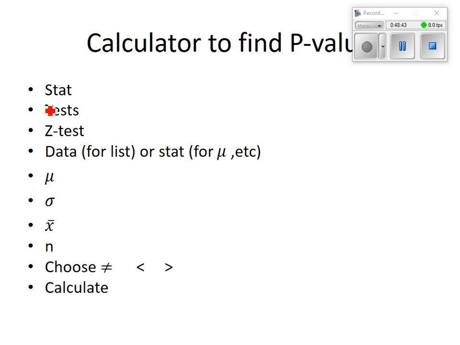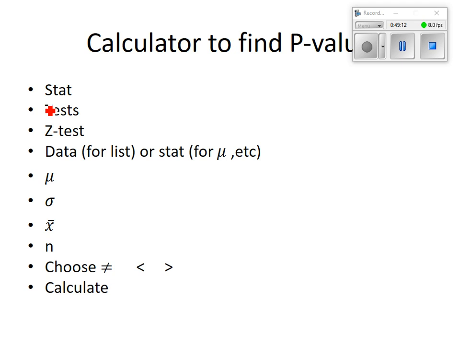If you're just putting in statistics, you go to stats and type in the 4 things we need: mu, sigma, x bar, n. Then you look at your HA and decide: are we doing a two-tailed, left-tailed or right-tailed? You have to pick one of those.